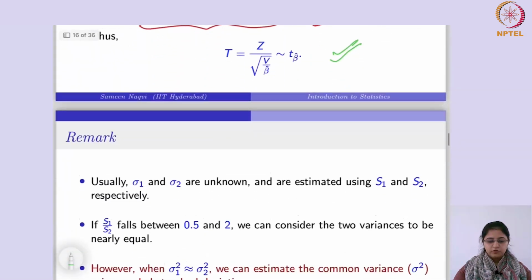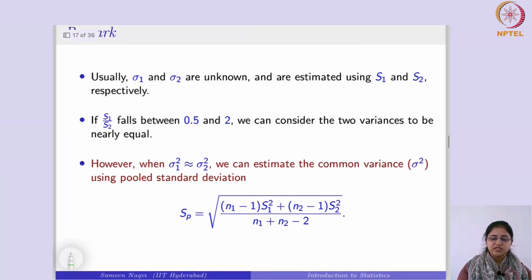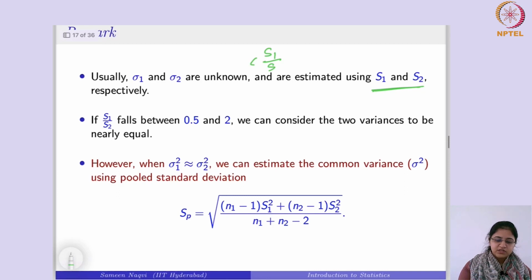Now, note that usually whenever sigma 1 and sigma 2 are unknown, we estimate them using S1 and S2, their corresponding sample variances or the sample standard deviations as we have done earlier. Now, if your S1 over S2 is between 0.5 and 2, then you can assume that the two variances are equal.